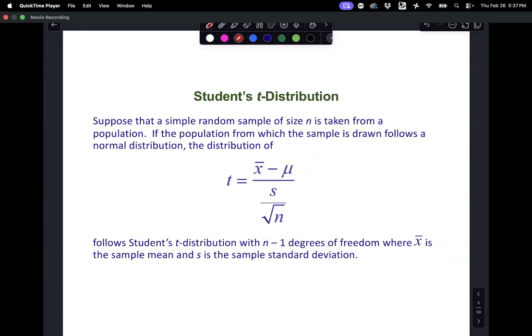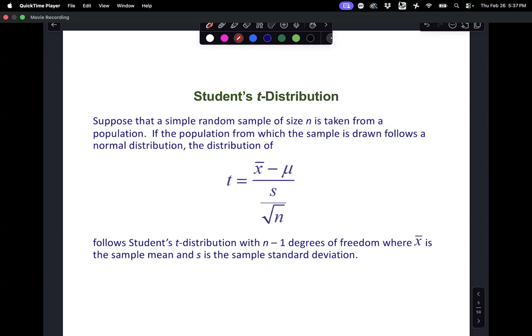In this class, if we're dealing with confidence intervals for mean or hypothesis tests for mean, we will just use t distributions instead of z. So we're going to use t values instead of z values. They basically have the same meaning, but as I said, we use t values generally when we have a smaller sample size and when we don't know all of the information about the population.